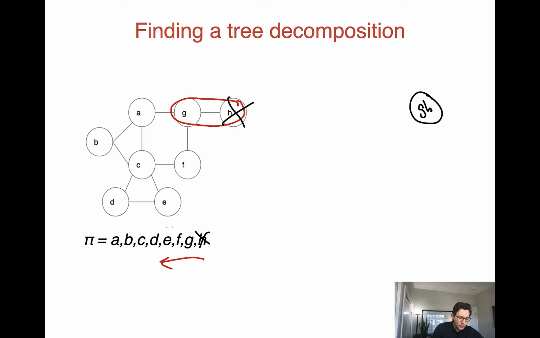When we get to G, again, we're going to look at all the variables that G participates in potentials with. That's 3 variables, A, G, and F. So we're going to put those into a node. And then we're also going to add in edges between all of the variables in that node. So we didn't have to do that for this node, but we're going to have to do this in this one because A and F were not connected in the original graph, but they are connected in this node.